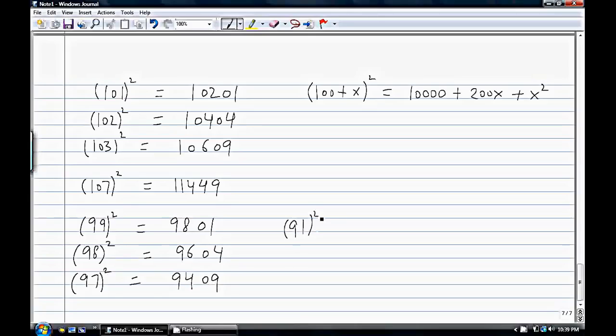So 91 square is equal to, 9 times 2 is equal to 18, and 100 minus 18 is equal to 82. I'll write 82 here, and then 9 square is 81, so I'll write 81 here. So 8281.